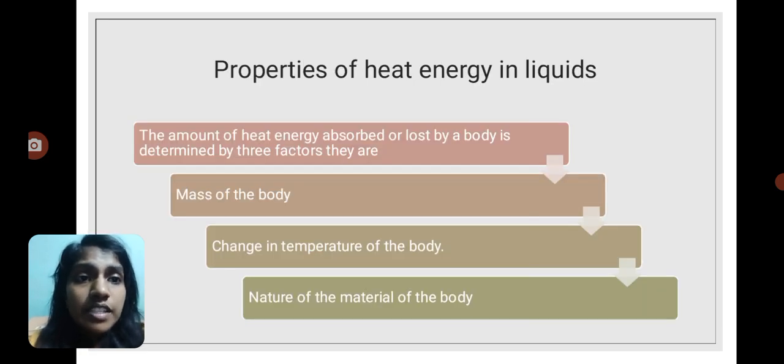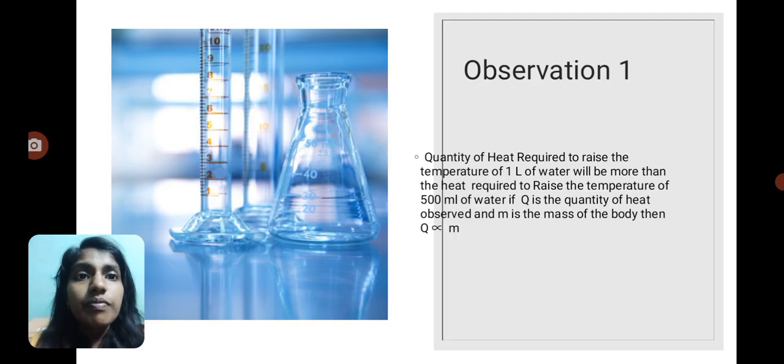The amount of heat energy absorbed or lost by a body is determined by three factors. They are the mass of the body, the change in temperature of the body, and the nature of the material of the body. The quantity of heat required to raise the temperature of 1 liter of water will be more than the heat required to raise the temperature of 500 milliliters of water.